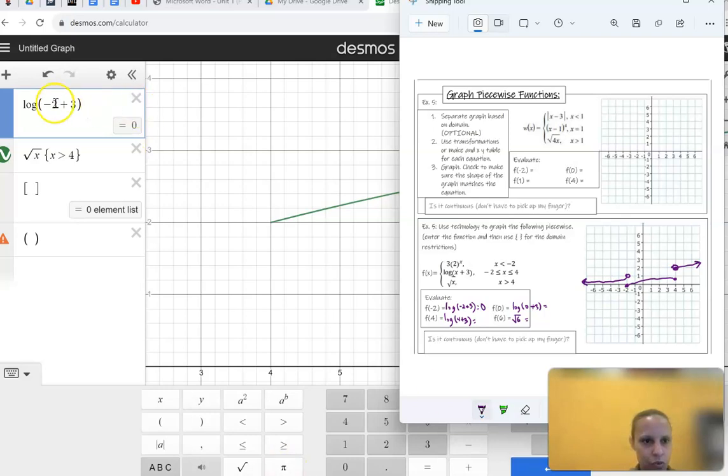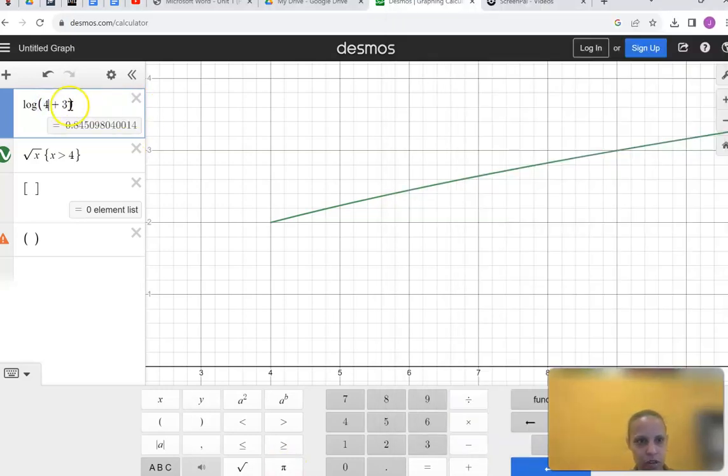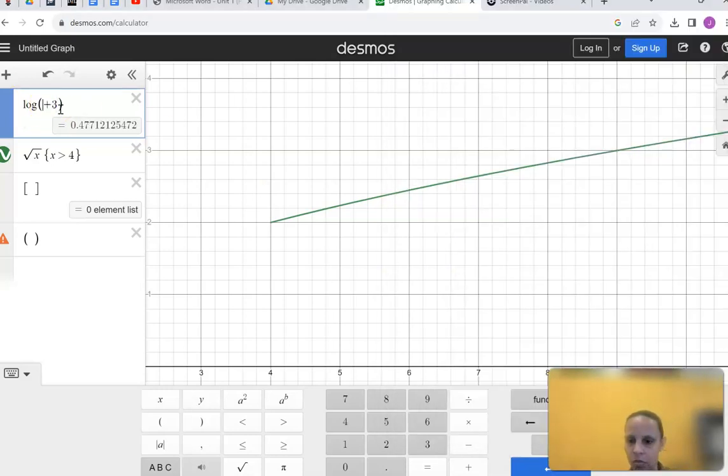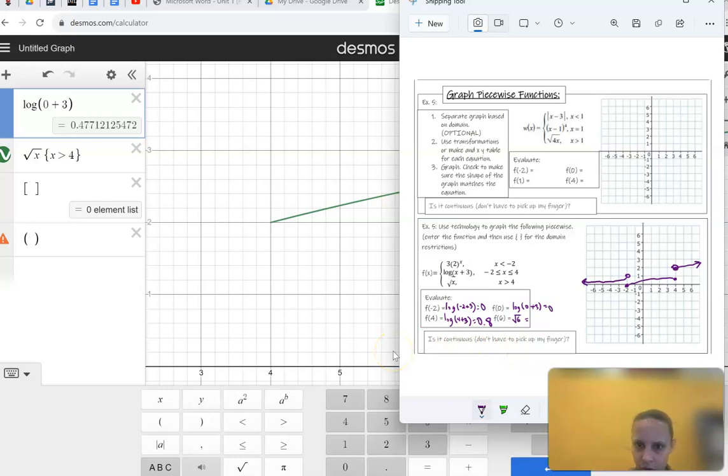Log of 4 in here plus 3 is about 0.8, rounded to the nearest tenth. Then there's log of 0 plus 3, which is 0.5 to the nearest tenth.